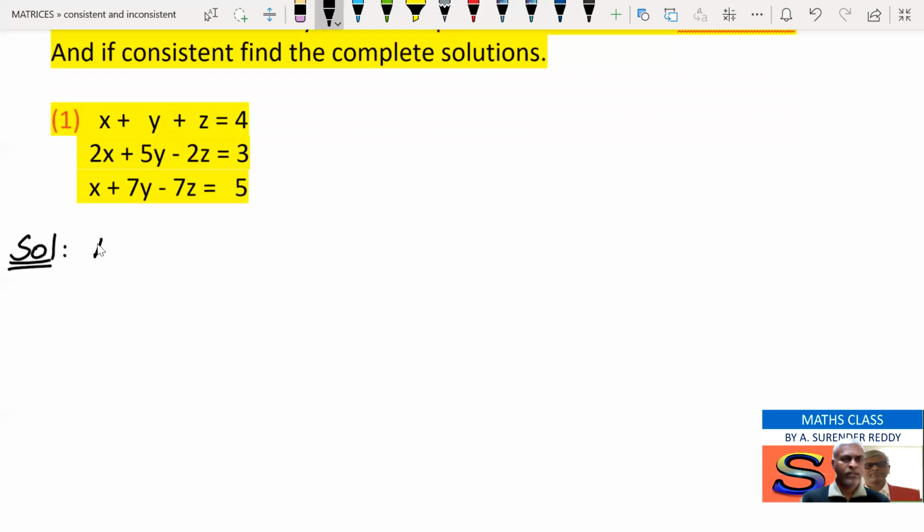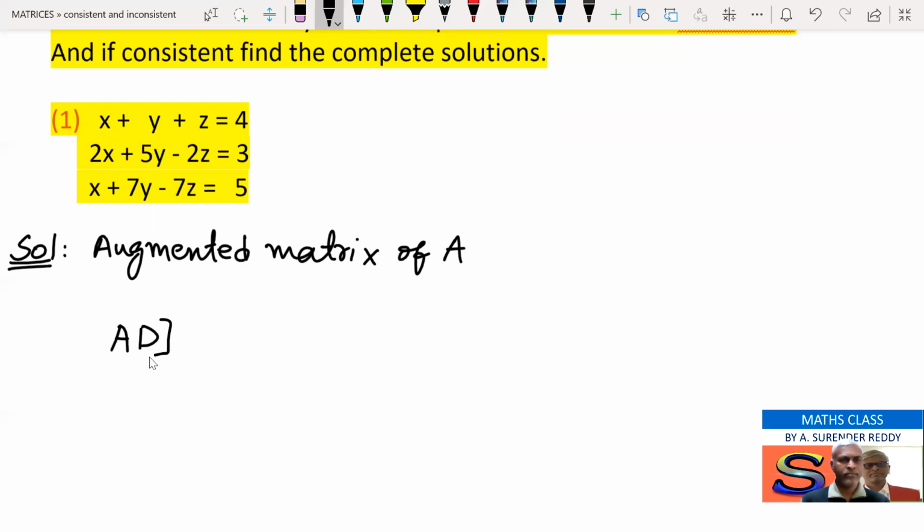Let us name it as AD. It is the combination of the coefficient matrix and the constant matrix. Let us take the coefficients of x, y, z and the constant: 1, 1, 1, 4.